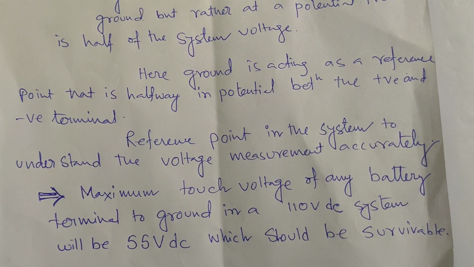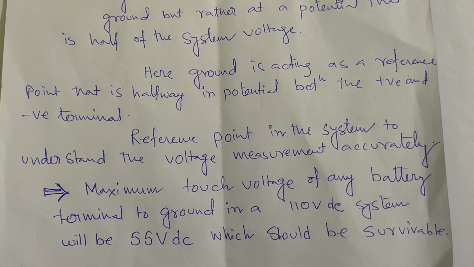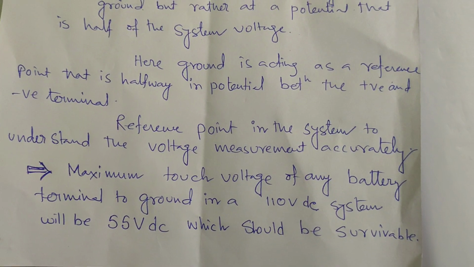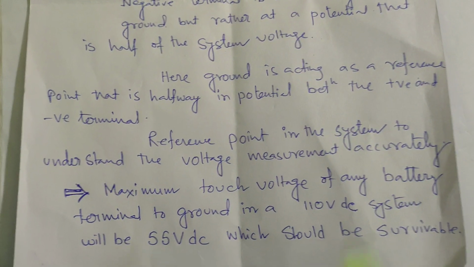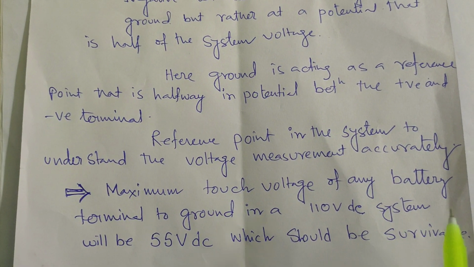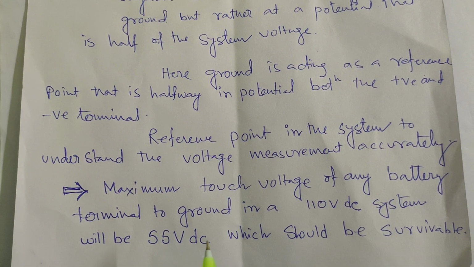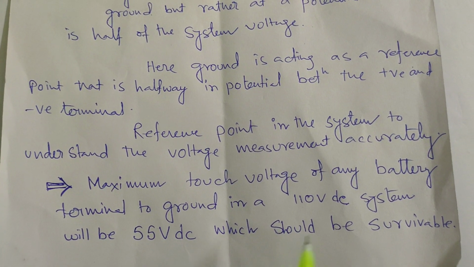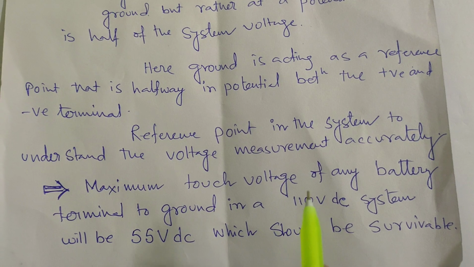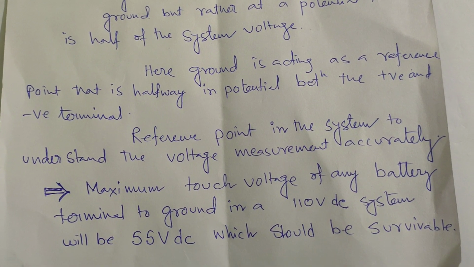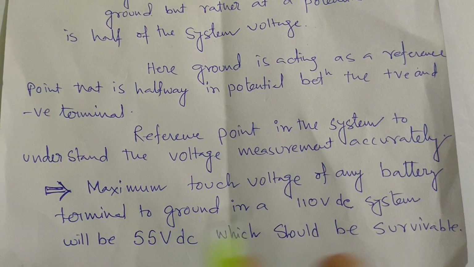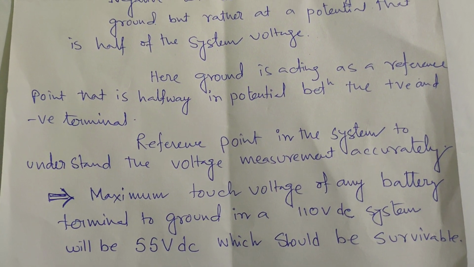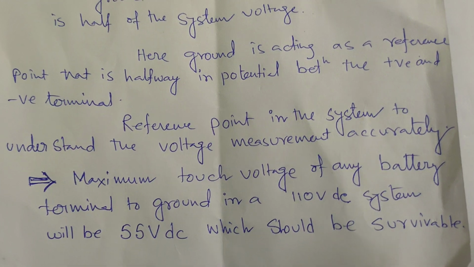So what is the advantage of it? The maximum touch voltage of the battery terminal to ground in a 110 volt DC system will be 55 volt DC, which should be survivable. In case of 110 volt DC, it will be 55 volt because the potential is divided between the positive terminal and negative terminal.